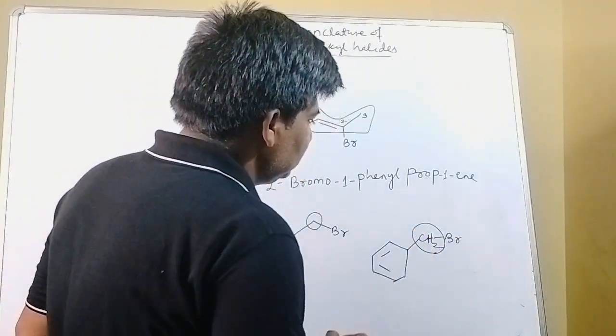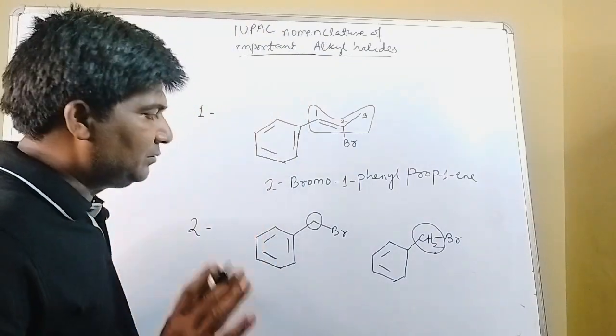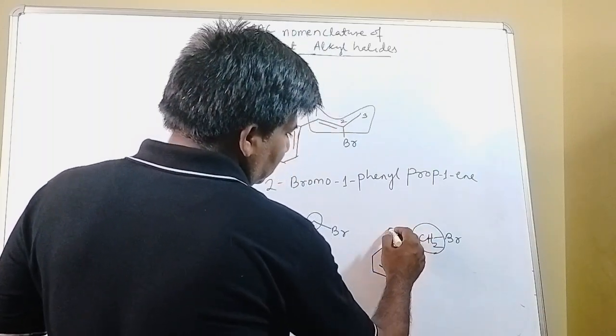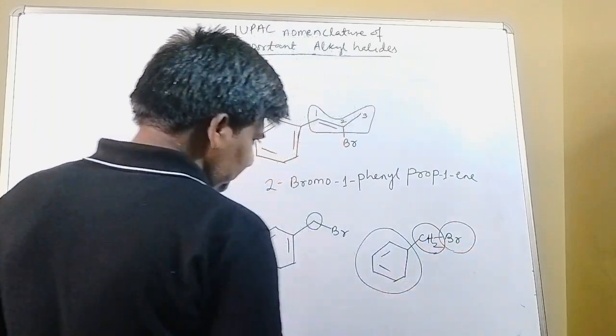This is the principal chain containing only one carbon atom and there are two substituents. This one is phenyl, this is bromine.